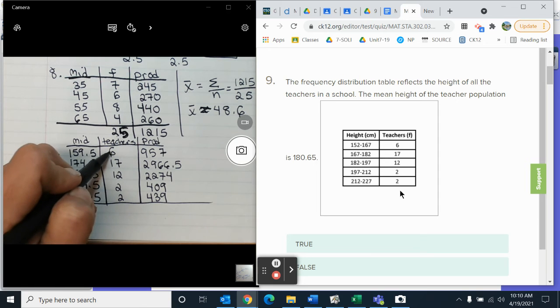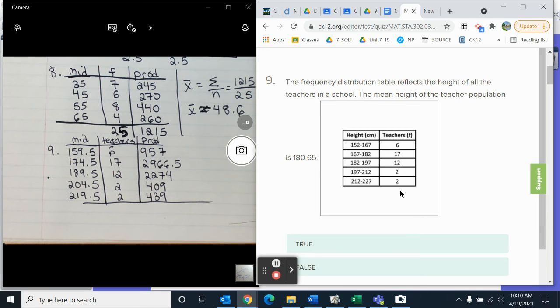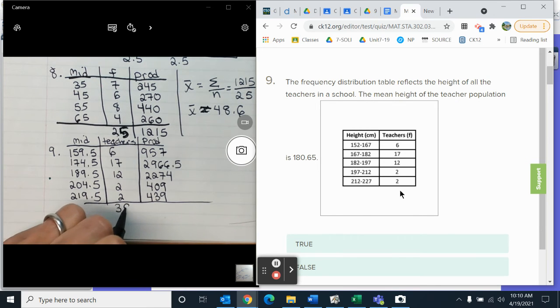If we look at our frequency of our teachers, we have 39 teachers.